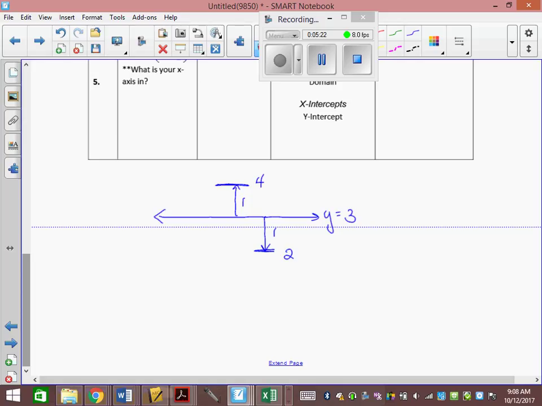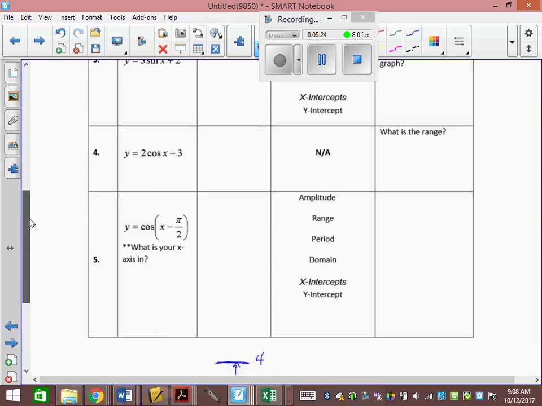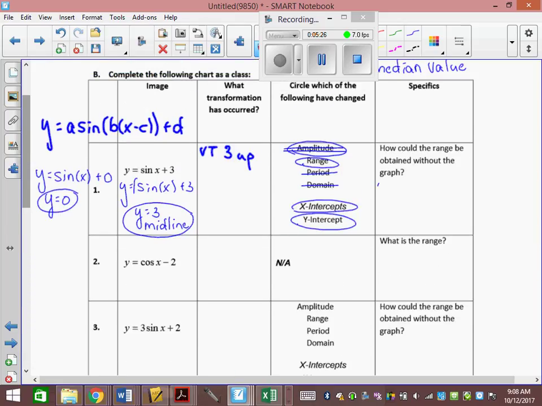So that's why I've said before in the previous day that if I take the D value, which is my midline, and I subtract my amplitude, I'll always get my min, right? And for my max, if I take the D value, my midline, and I add my amplitude, I'll get my max, right?